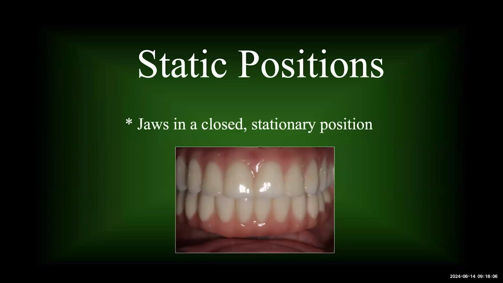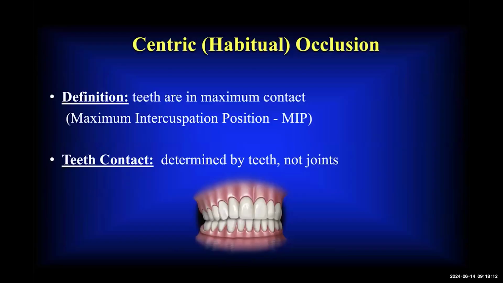Basically, when the upper and lower jaw is closed and in a stationary position. Now, what is that called? Centric occlusion. Some people call it habitual occlusion. It is actually maximum intercuspal position, MIP. The teeth are in maximum contact. So the contact of the teeth is determined by the teeth, not the TMJ joints.